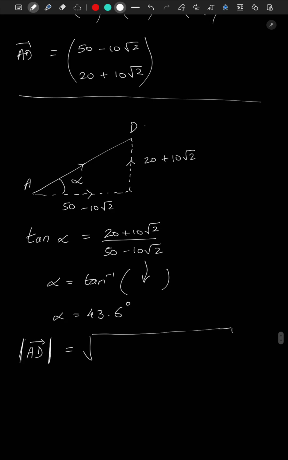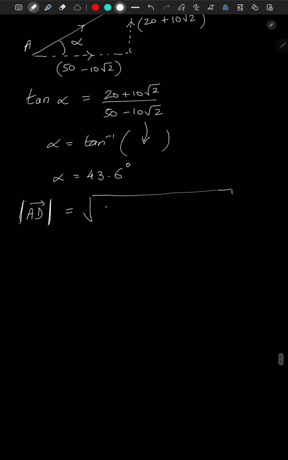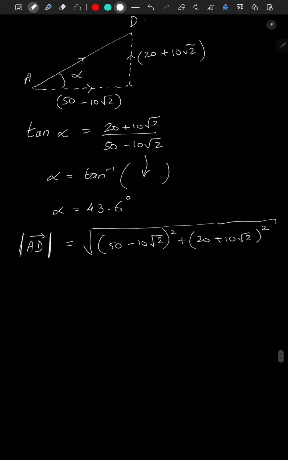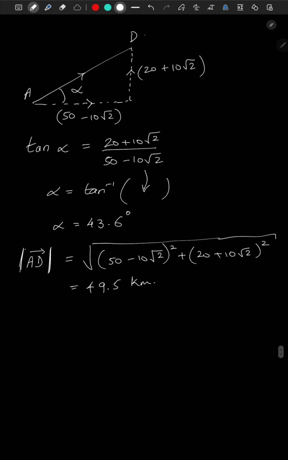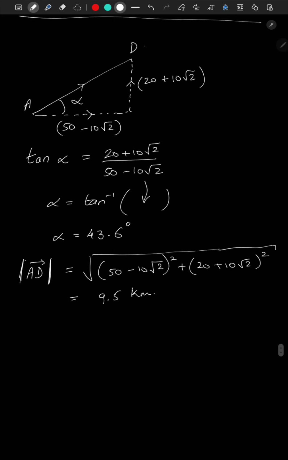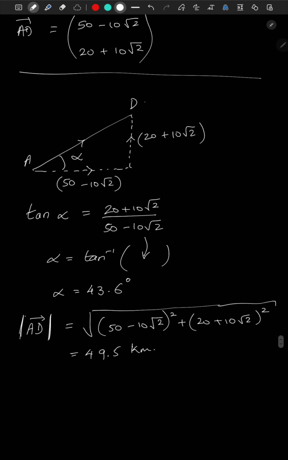Pythagoras theorem says that you add the squares of the two components: 50 minus 10 root of 2 squared plus 20 plus 10 root of 2 squared. And then you will get your answer to be about 49.5 kilometers. So AD is 49.5 kilometers as magnitude.